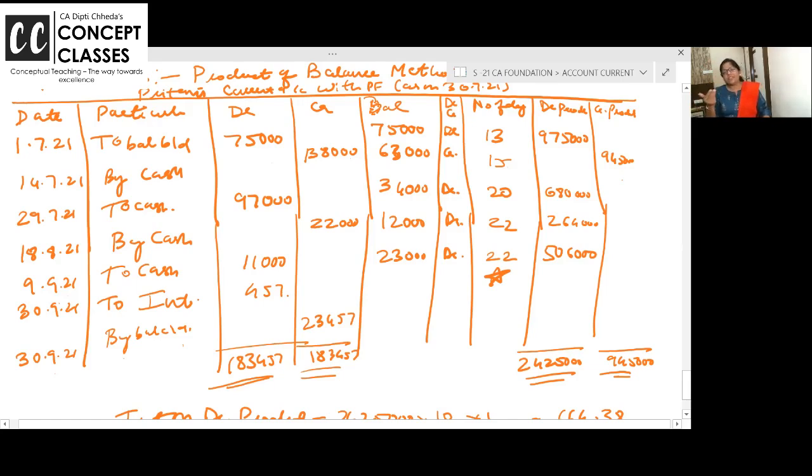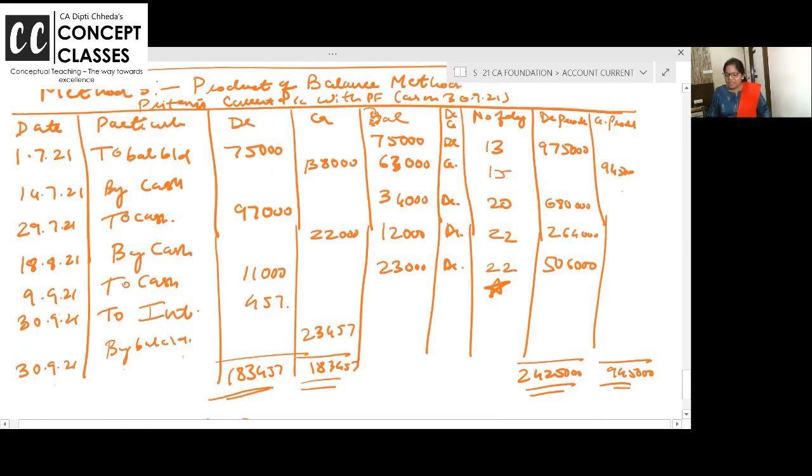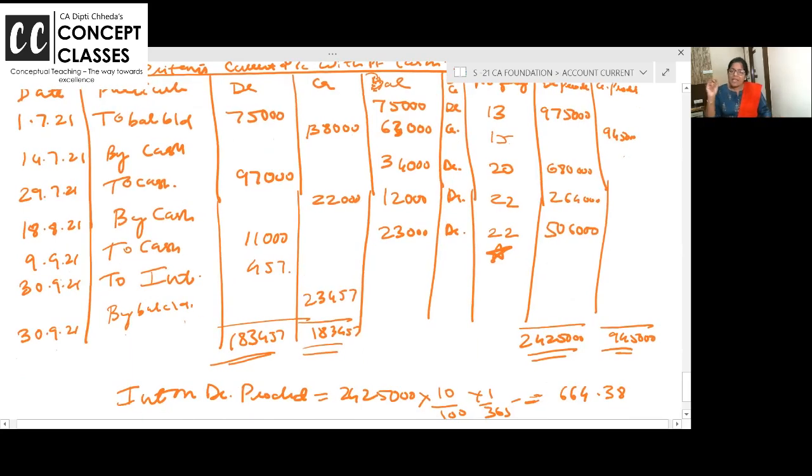Why are we looking at the balance after every transaction? Because when you are checking the balances after every transaction, you want to give the interest or take the interest, whatever it is. So, number of days. In the last transaction, from 9th September to 30th September, include 9th also and 30th also.